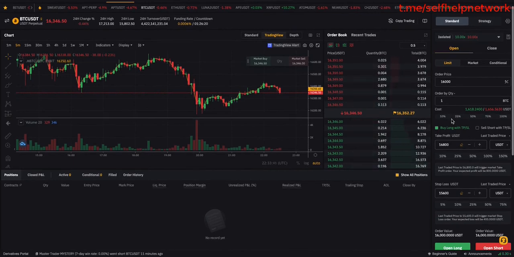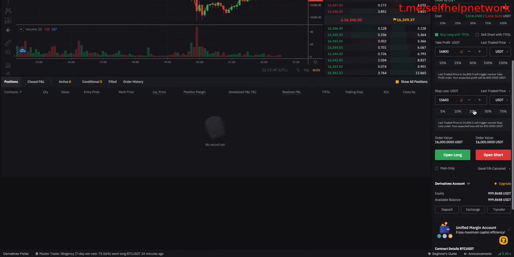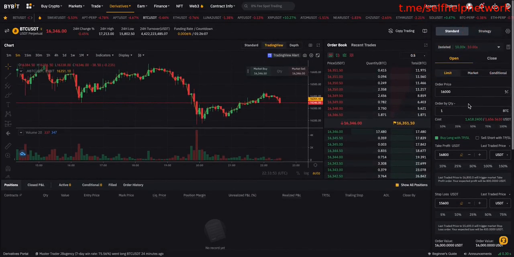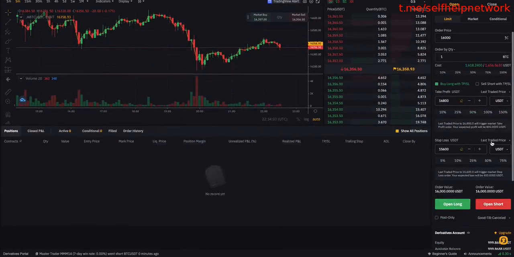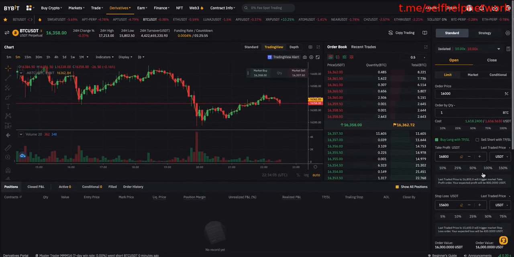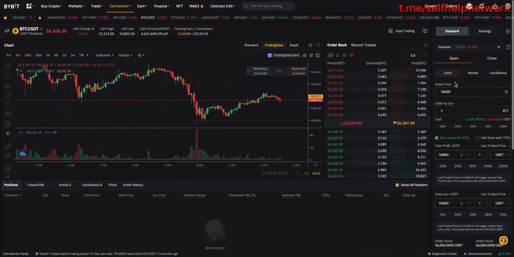Using 10x leverage, the cost would be 1618 for a long. Your account has less than 1,000 in it. So in that instance, 10x leverage is not enough to cover it. Reason being, to buy 1 Bitcoin at 16K is obviously 16,000. You have 1,000 in the account with 10x leverage, so you don't have 16,000 notional to trade with.